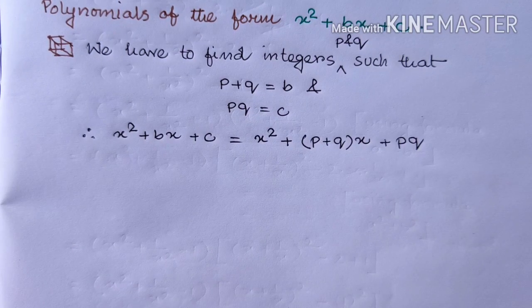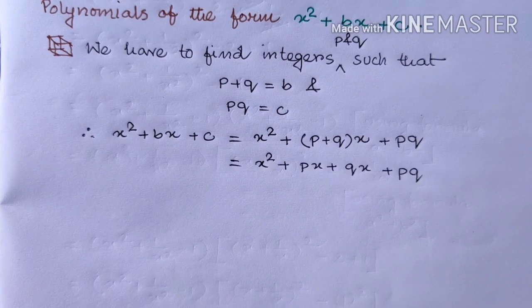Therefore, we can write x square plus bx plus c equal to x square plus (p plus q) into x plus pq, just substituting p plus q as b and pq as c. Now by simple multiplication we get x square plus px plus qx plus pq.